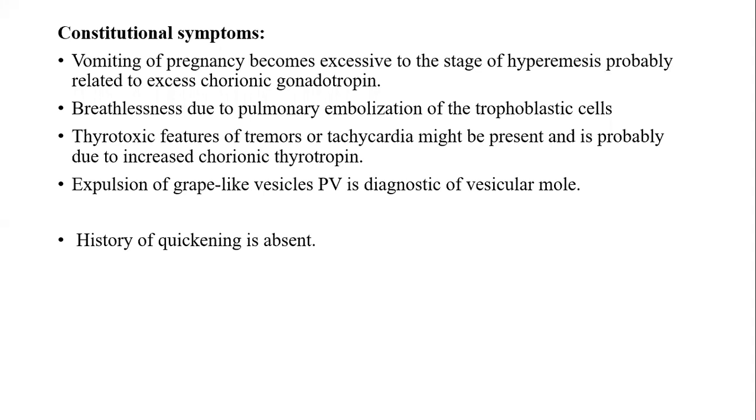They may also present with thyrotoxic features of tremors or tachycardia, and this is also associated with the increased chorionic thyrotropin. The patient may also present with expulsion of grape-like vesicles vaginally, but there's usually no history of quickening.